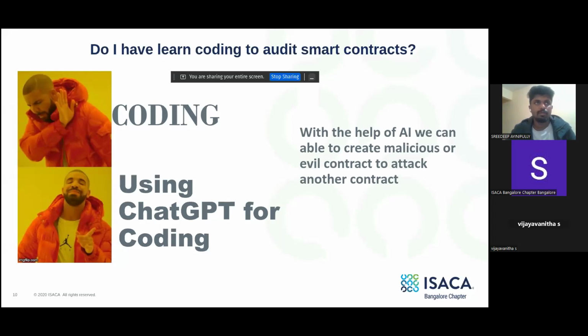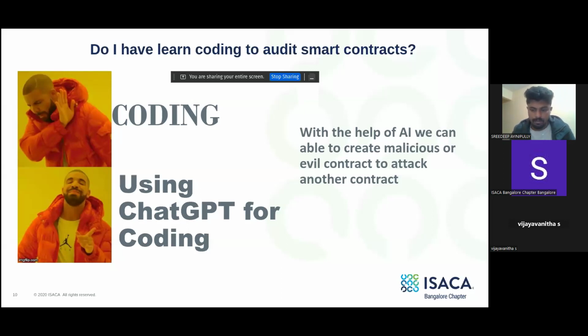Most of the time, smart contracts are attacked using a malicious contract. Since smart contracts are hosted on the blockchain, they can talk to each other and call functions of each other. So consider we have one vulnerable smart contract hosted, and I know how it can be exploited. I have analyzed the way it works, so using that logic, I'll create another evil or malicious contract to attack this contract.